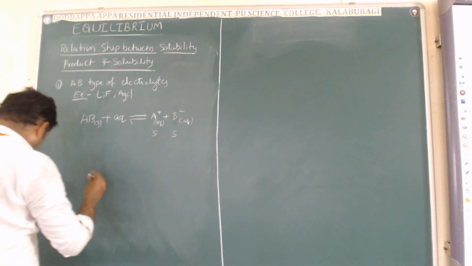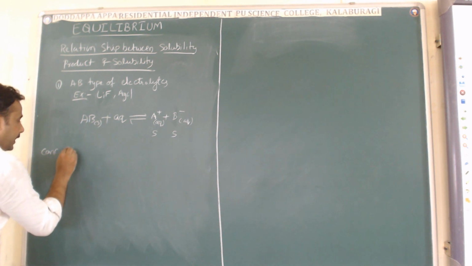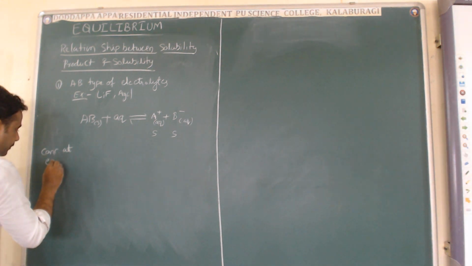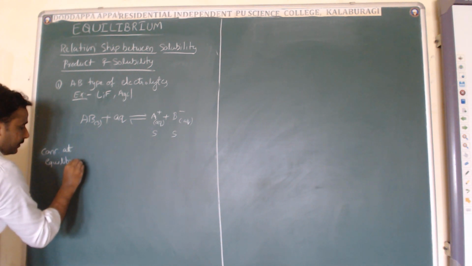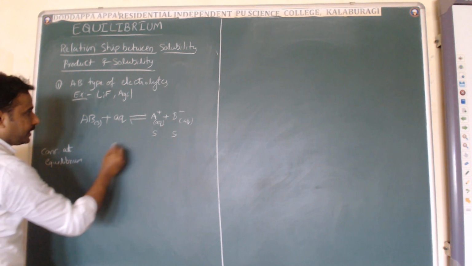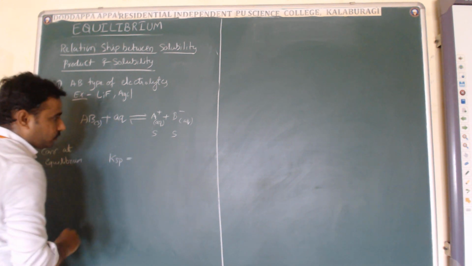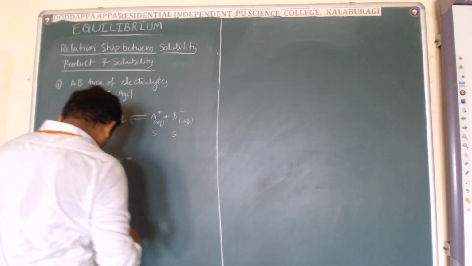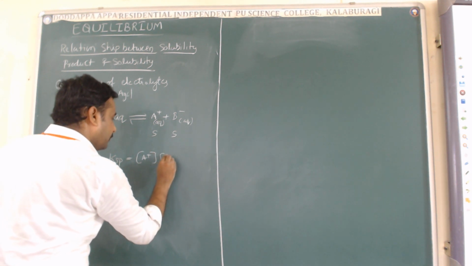Next one, solubility product at concentration at equilibrium. What happens here? KSP is equal to the A plus into B minus.